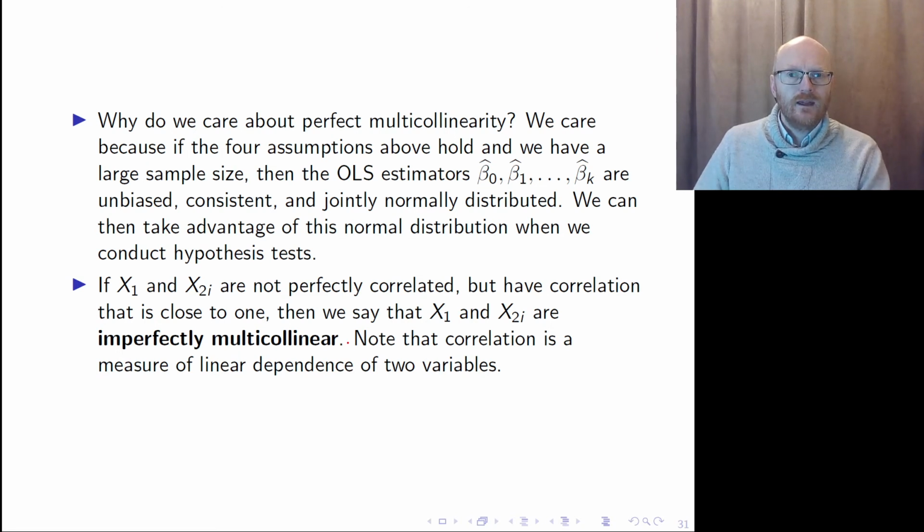Then the OLS estimators of the intercept and the slopes are unbiased, which means that on average we get a result centered on the true value of the intercept or the slopes.